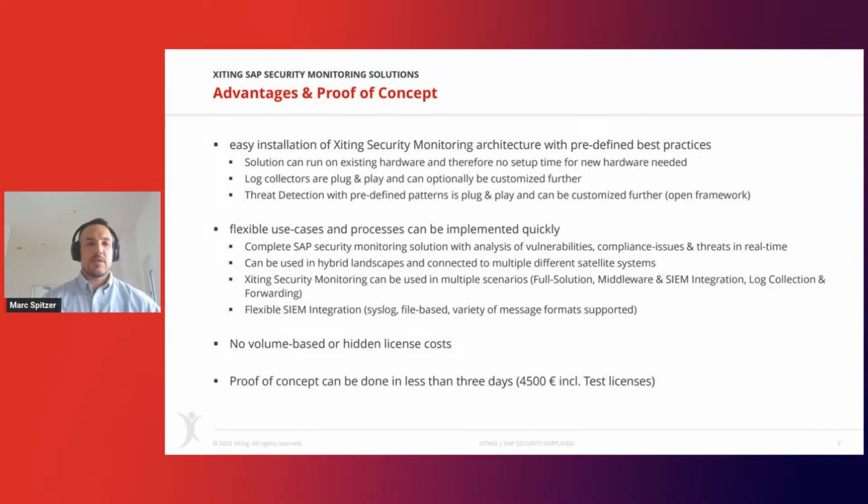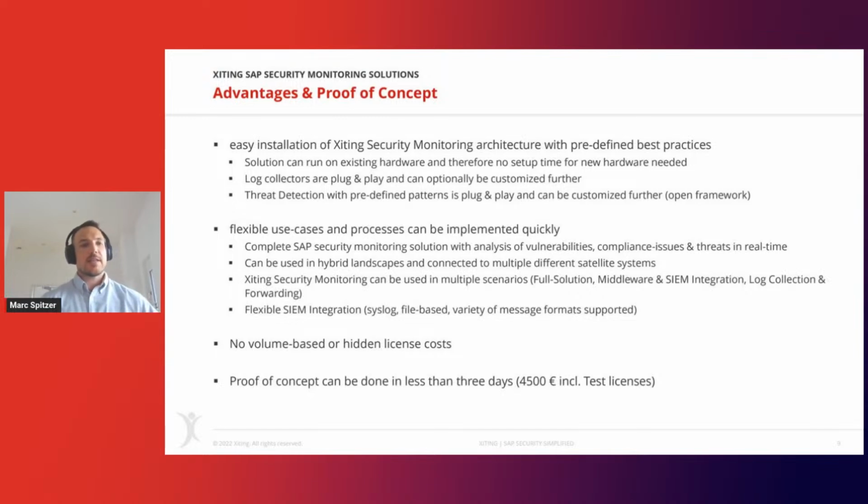So if you install our software and build up the background jobs for the log extractions, they already know what to do. You just need to tell them, I want to extract the security audit log, the HANA audit log, maybe the system log, application log, change log, DB-tab log, and so on. Normally these log collectors know what to do.